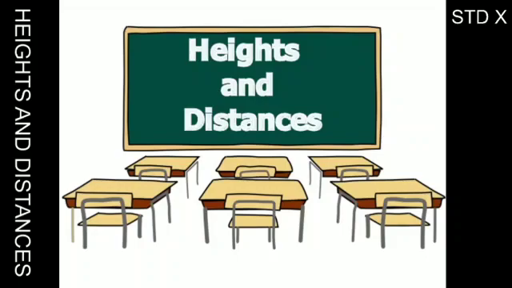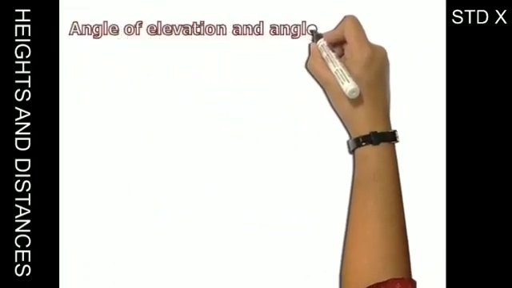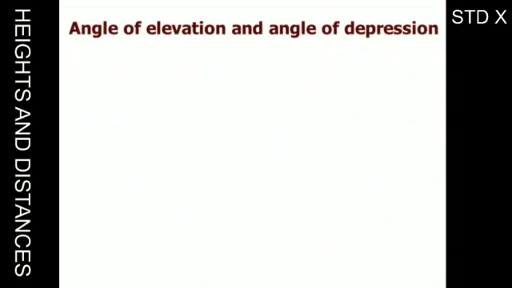Before this, we have finished trigonometrical identities and trigonometrical ratios. Now we have to remember a few things. For heights and distance, we need a right angle triangle. A few terms you should know are angle of elevation and angle of depression.